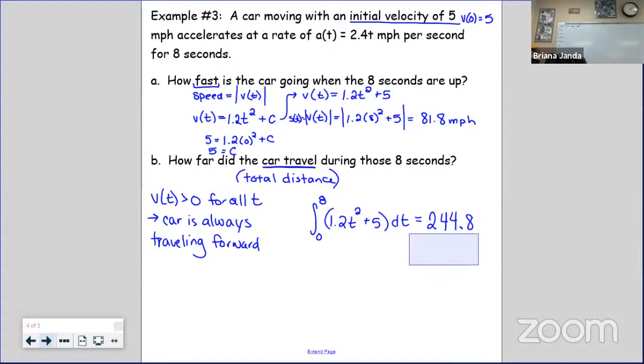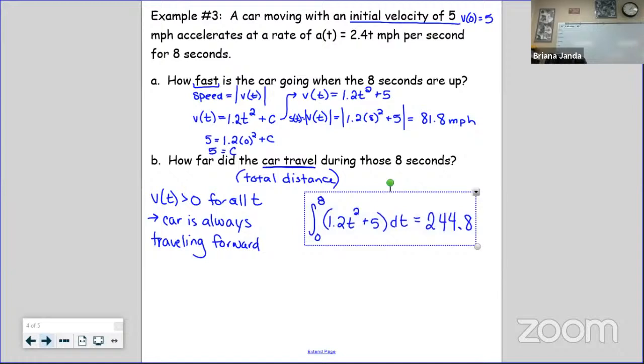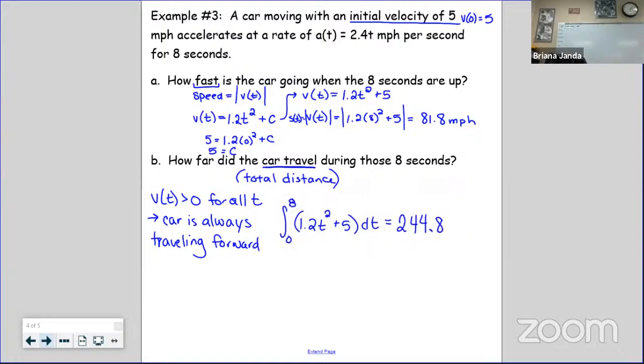Just looking at our integral here, this part right here is my velocity, which would be in miles per hour. This is my time, and our time is in seconds. Okay, so our labeling on this would be in miles per hour times seconds.